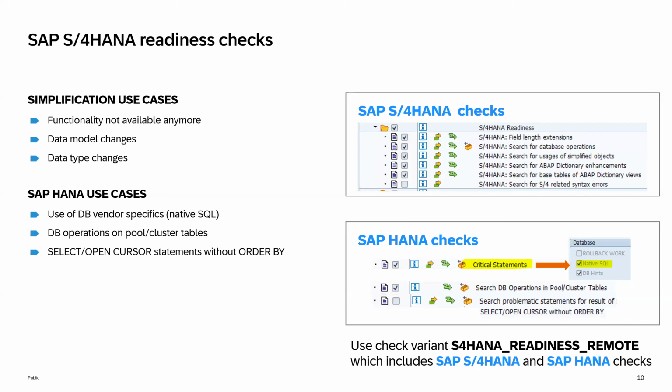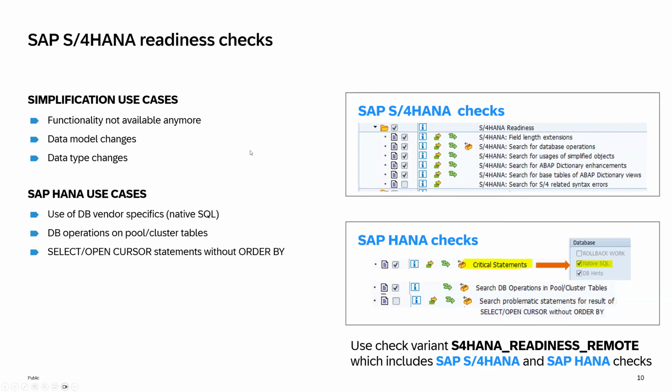And the S/4HANA readiness checks execute also SAP HANA checks for the cases if you're moving your business suite system on any DB first to SAP HANA database with S/4HANA, then of course SAP HANA checks must be also run on your custom code.